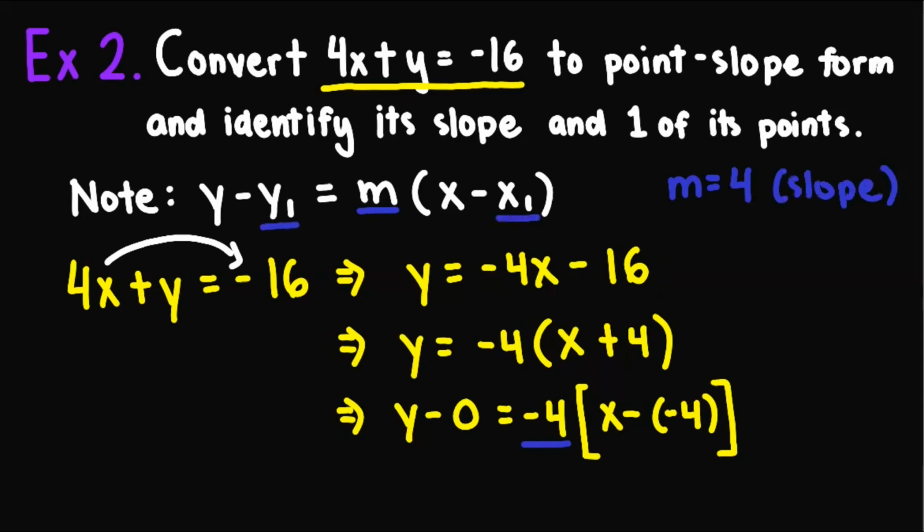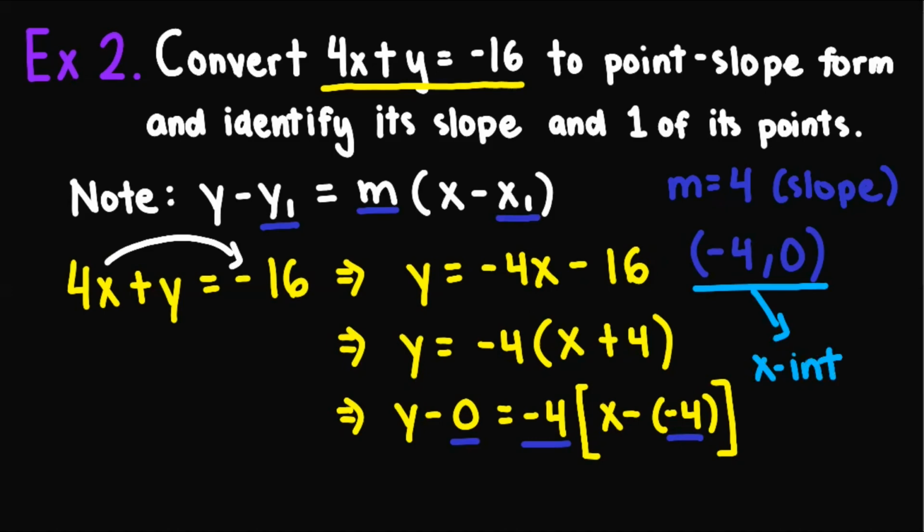So in this case, negative 4, comma 0 must be a point in the line. That is, we write here negative 4 and 0. So this is a point in the line. And actually, take note that negative 4, 0 is the x-intercept of the line.